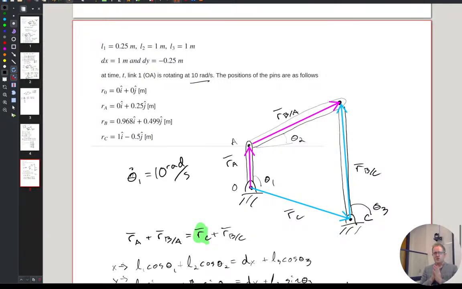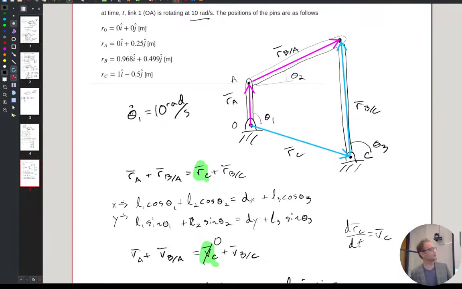All right, cool. So big picture, we know positions. If we know positions, we know angles, and we know the sines and cosines of angles, right? So we should be able to plug in values for cosine theta and sine theta, and those become just coefficients in this equation that we're trying to solve.